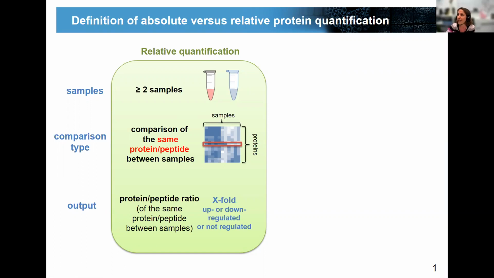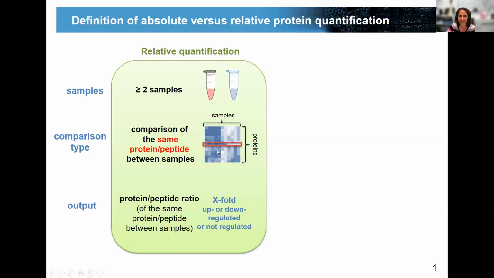So we would like to tell at the end of the day whether protein X is 10-fold upregulated or 2-fold downregulated or not at all regulated between the 2 or several samples we're looking at. So what we do in relative quantification is we always compare the same peptide or the same protein between samples.